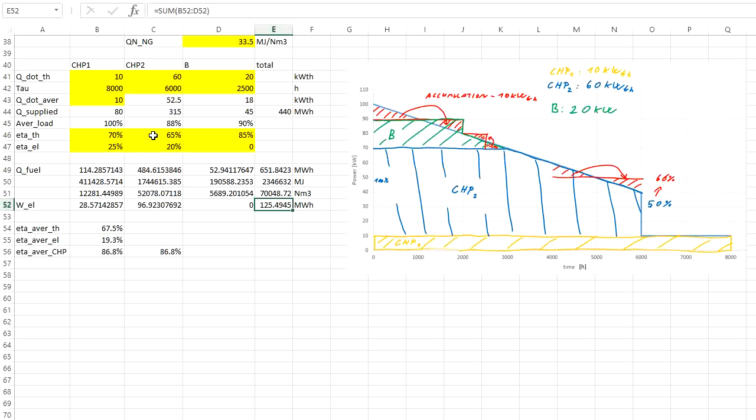If also the efficiency of the CHP units went lower, let's say 55, 60, you can see how the heat input would change from 650 to 760 megawatt hours. So let's put it back.